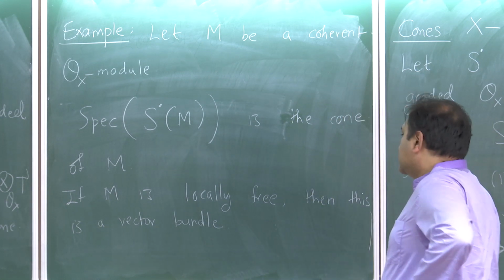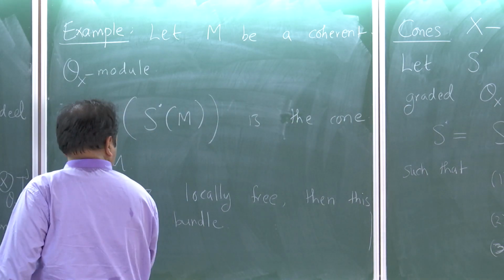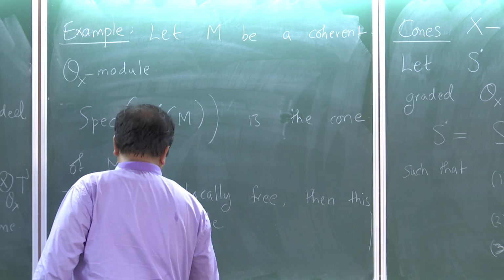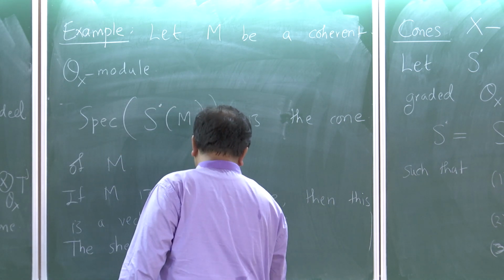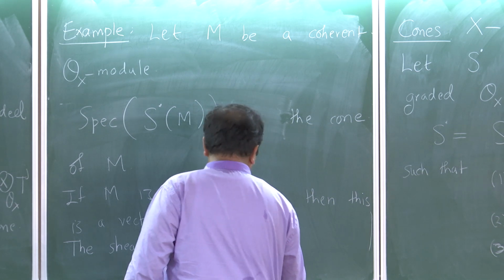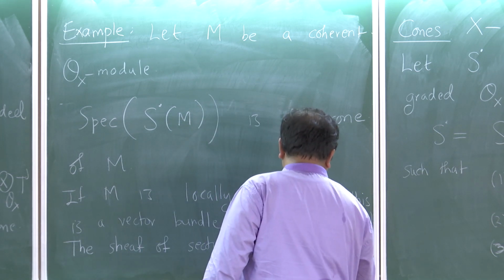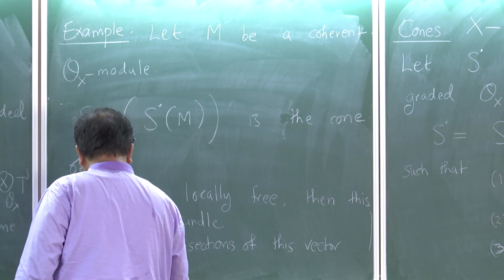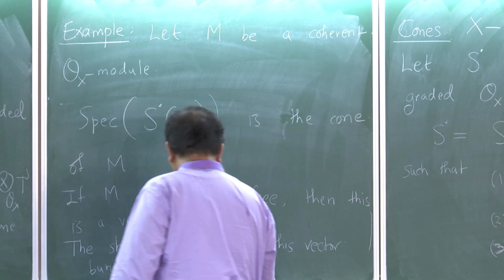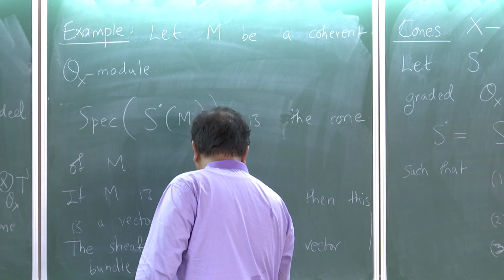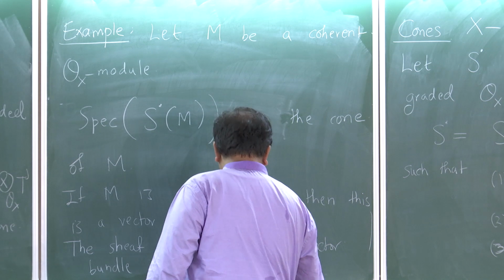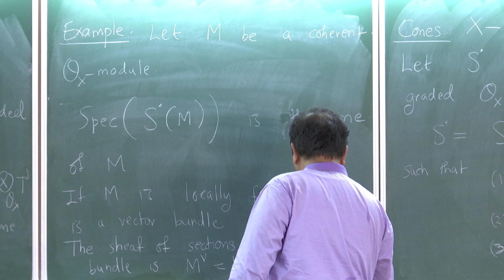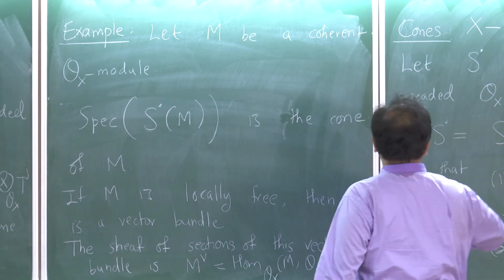So the sheaf of sections of this vector bundle is M dual, which is Hom_OX of M. Okay, so this is one basic example.